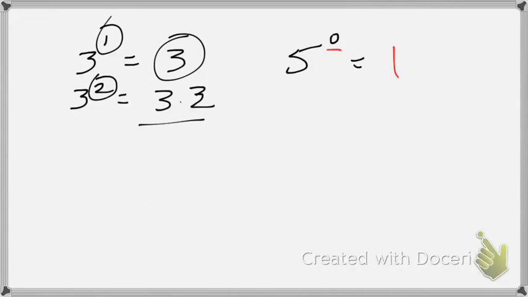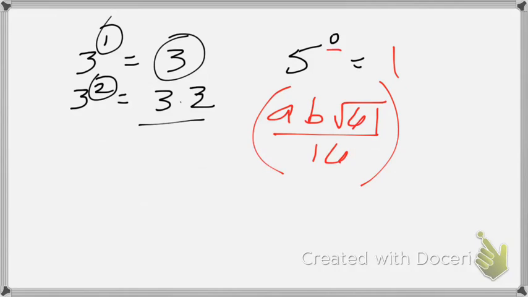Doesn't matter. If I have a, b times the square root of 61 over 16, and if I put a 0 up here, the answer is 1. Okay? So anything to the 0 exponent gives you an answer of 1. So 237 to the 0 exponent is 1.